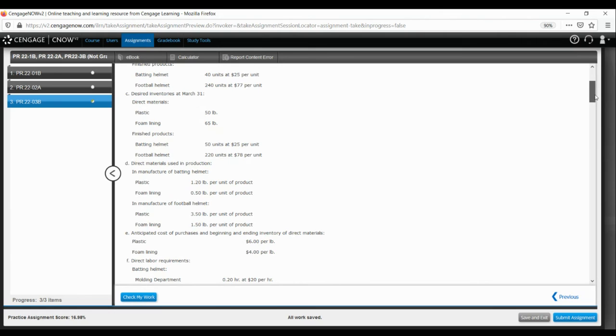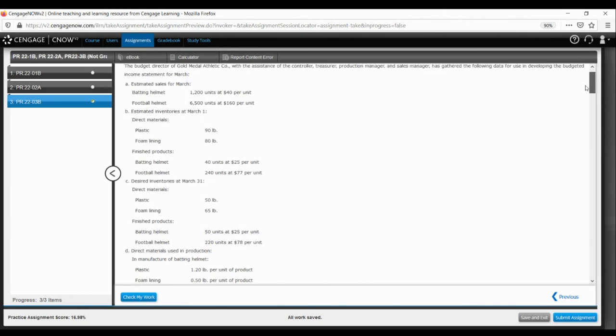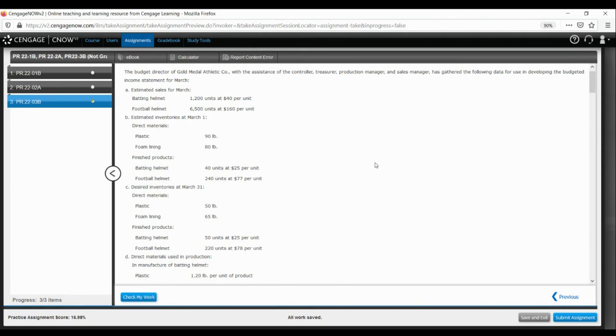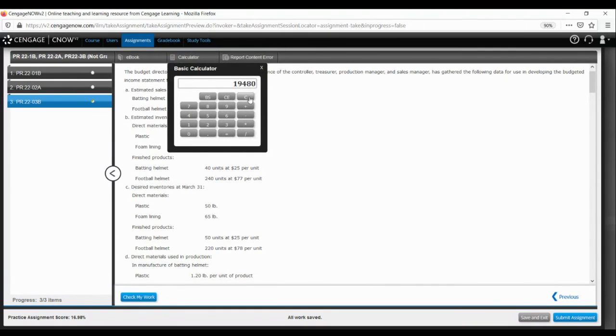You're going to have to multiply that again by the beginning amount of direct materials, which was 90 pounds. So once we know what that is, 90 pounds times $6 is $540.